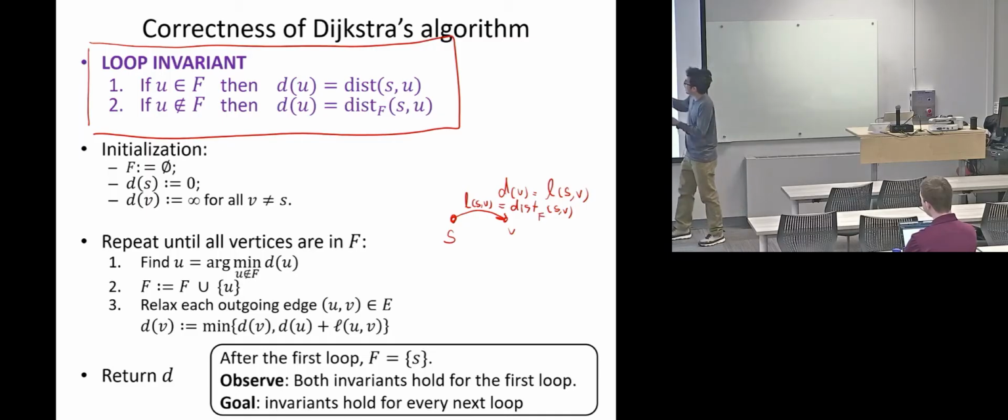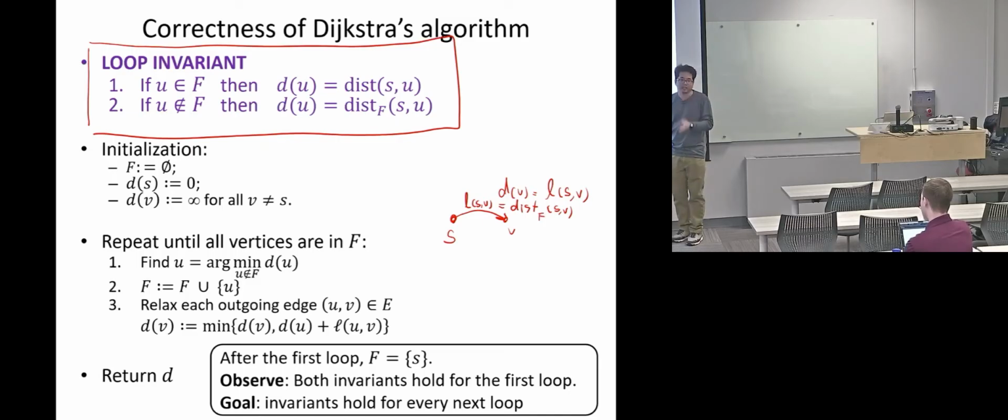For every neighbor you get this. Everyone who is not a neighbor is infinite. So the second invariant holds as well. All right. So now both invariants hold in the first loop.